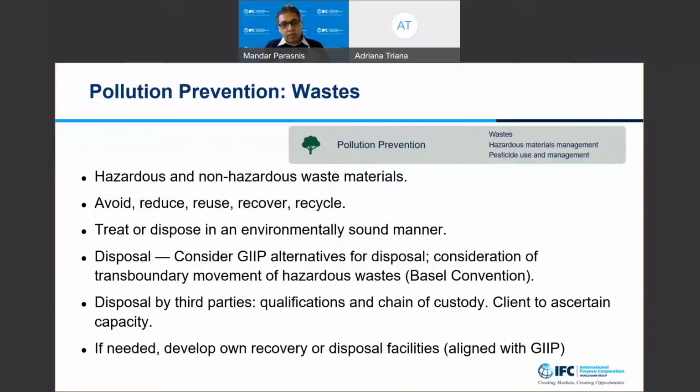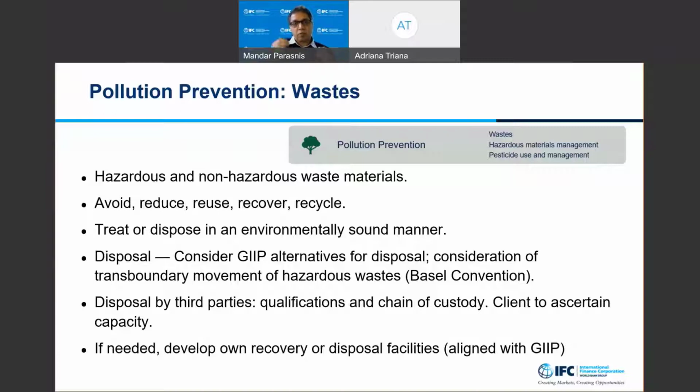Also, the ESIA will look at the local specific situation, the assimilative capacity, the availability of technology, and so on. Our EHS guidelines are based on BREF, the European reference documents, best available technology documents. However, as Adriana mentioned, the guidelines are not BAT. They are GIIP.